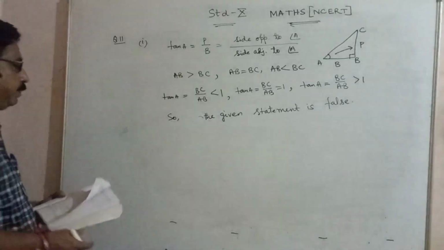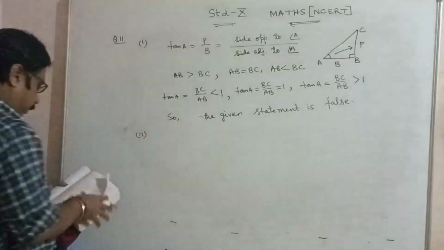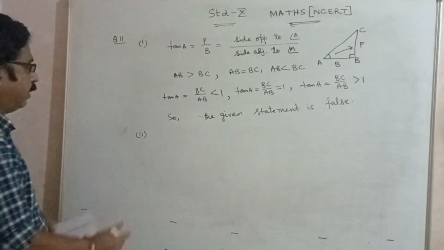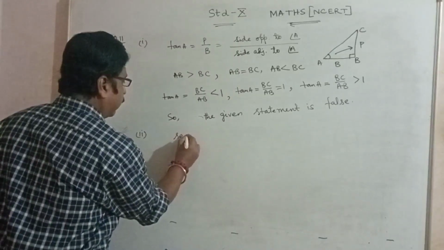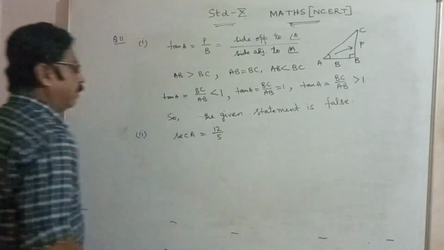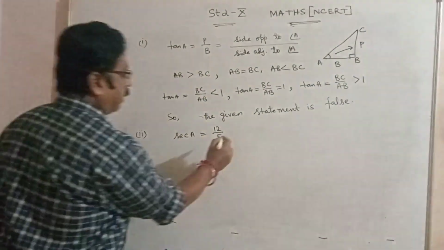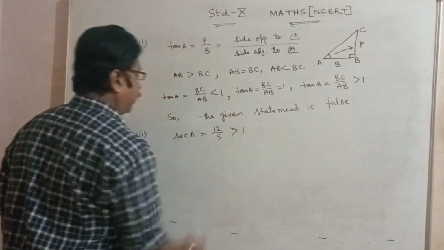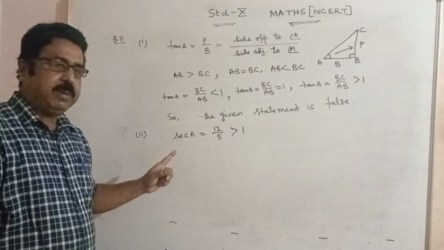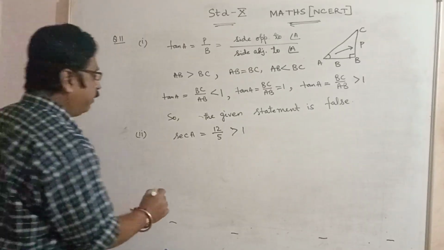Now, second question. Sec A is given 12 upon 5. 12 upon 5 is greater than 1. Sec A, it is reciprocal of cos A. Cos A means base upon hypotenuse. So sec A will be hypotenuse upon base.